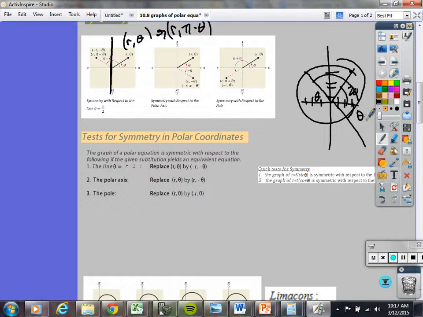But remember, if I'm down this angle, your r would have to be negative to push me back over into here. Does that make sense? So you could also go, instead of that, to negative r theta. Those are the two options to show symmetry. Let me give you an example of that.